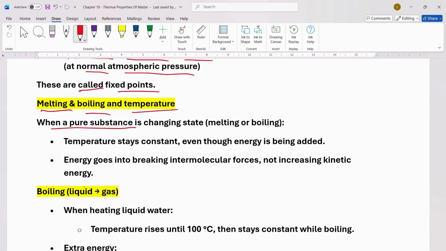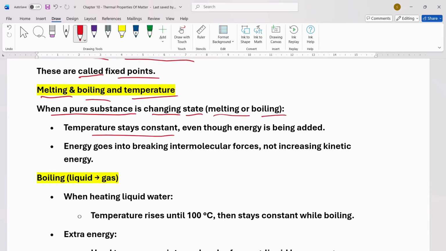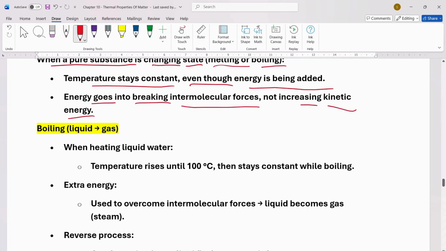When a pure substance is changing state, melting or boiling, temperature stays constant even though energy is being added. Energy goes into breaking intermolecular forces, not increasing kinetic energy.